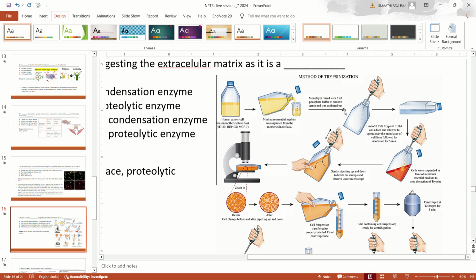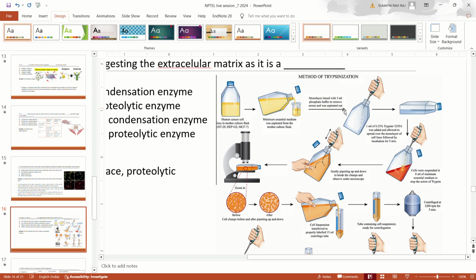Then it is added and allowed to spread over the monolayer of cell lines, followed by incubation for 5 minutes. After adding this, you have to incubate it, because the enzyme has to get activated at 37 degrees, that is its temperature of optimal activation, and then it will detach each cell by proteolytic breakdown of the proteins. After which cells are suspended in 8 ml of media to stop the action of trypsin.